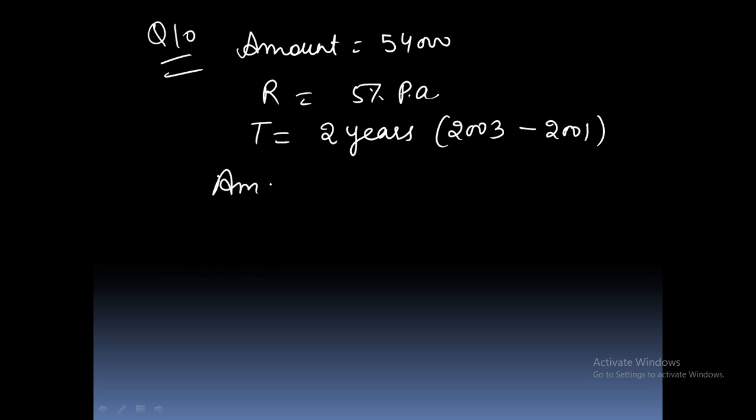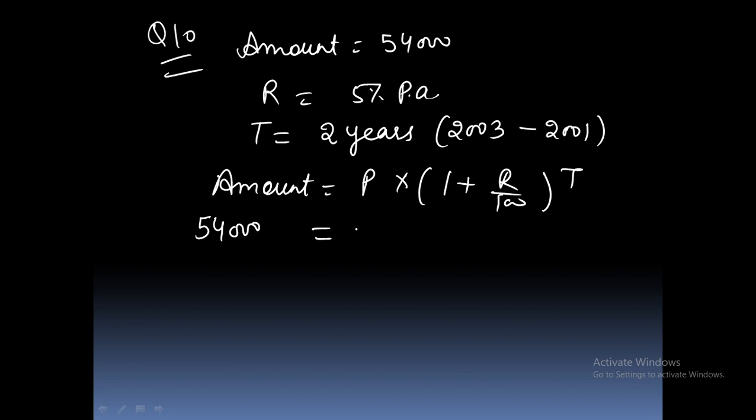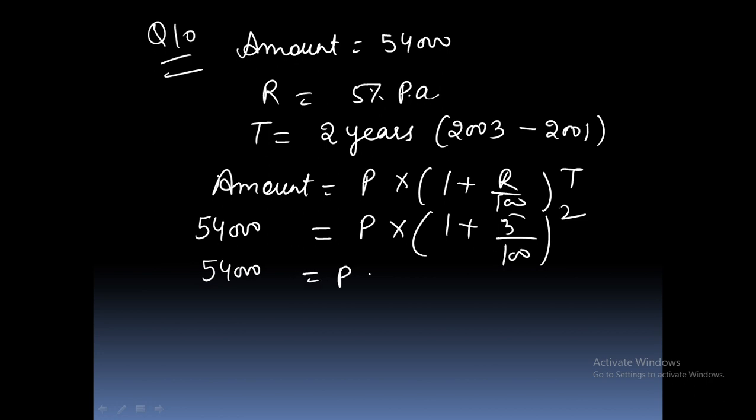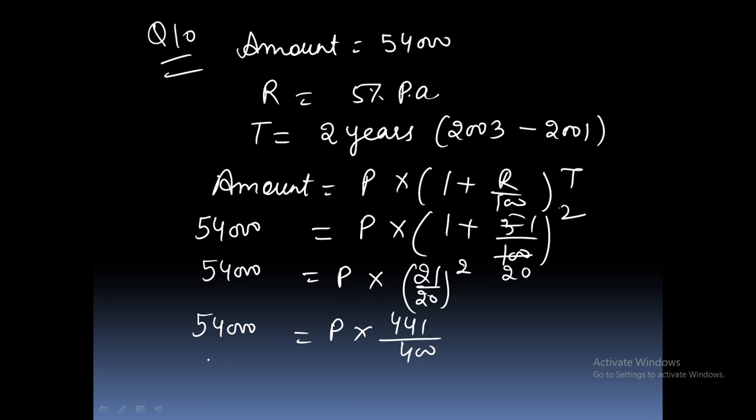After this you will put the amount formula, P multiply (1 plus r over 100) power t. Here 54,000 will be written on the left side and P we have to calculate. 1 plus r over 100, r is given 5 and time is given 2. 54,000 is equal to P multiply, 5 fives are 5, 5 twenties are 100, and after LCM we will get 21 by 20 power 2, and this 54,000 is equal to P multiply by 21 into 21, 441 over 400.